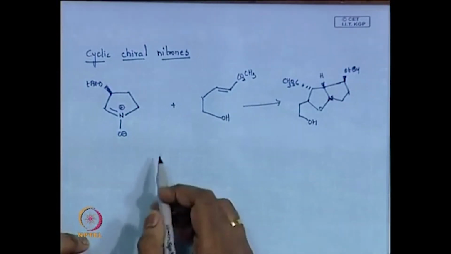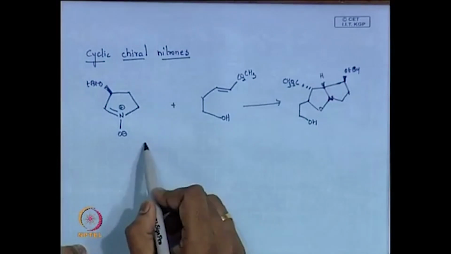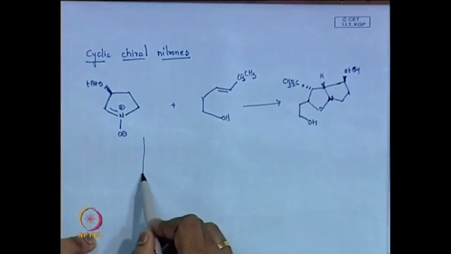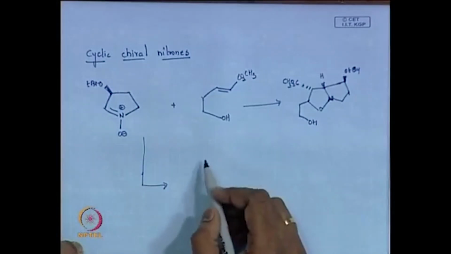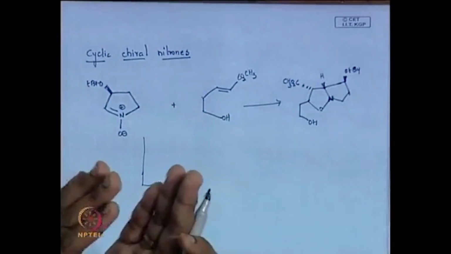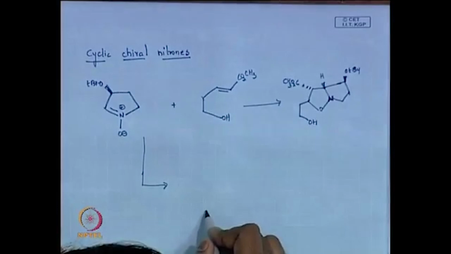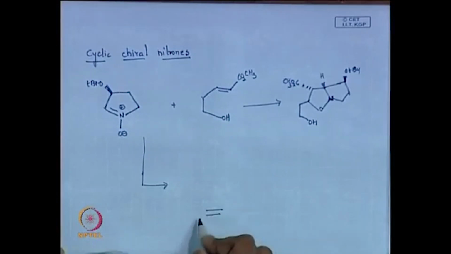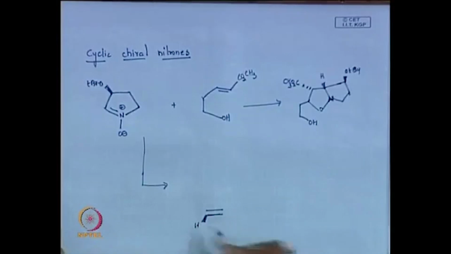So, why do you get this as a single product? If you want to see how they basically interact, how they come together so that you get only one product, you can easily draw them in parallel. For example, in this system, I have my hydrogen out, okay.